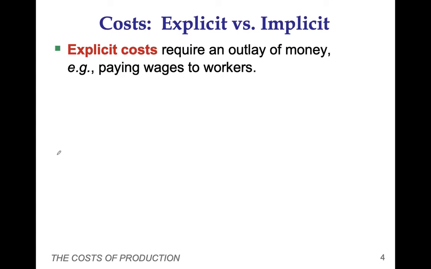Explicit costs require an outlay of money, for example, paying wages to workers. So explicit costs are related to cash, to the flow of money into or out of the firm, materialized by payment of cash.